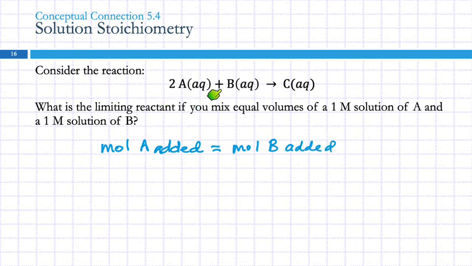The chemical reaction tells us I need 2 moles of A for every 1 mole of B. So if I have equal amounts of A and B, which one's going to run out first? A. Because I need twice as much of this, right? So then A is the limiting reactant.